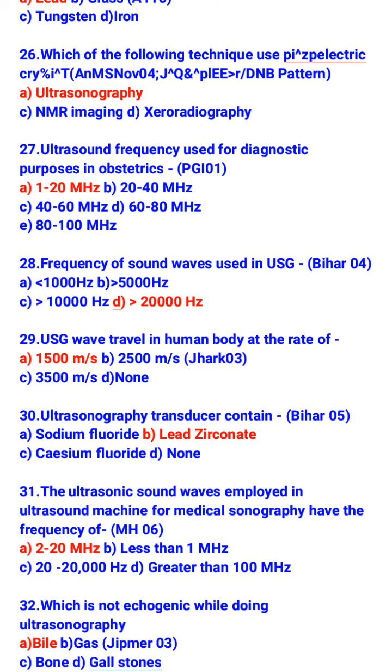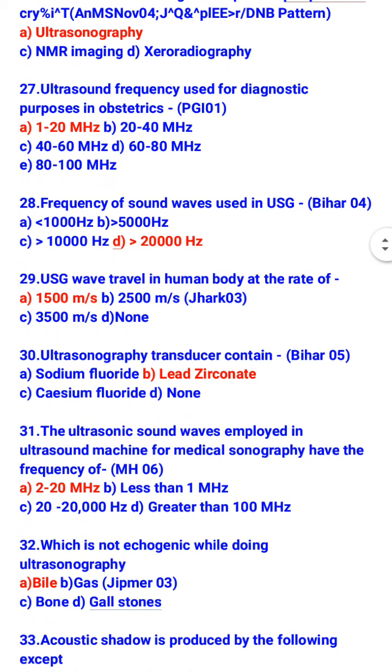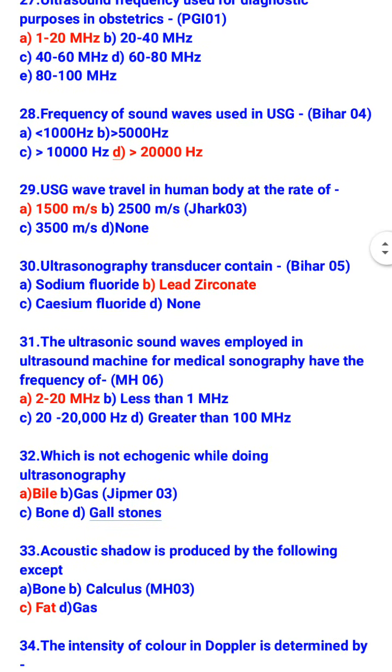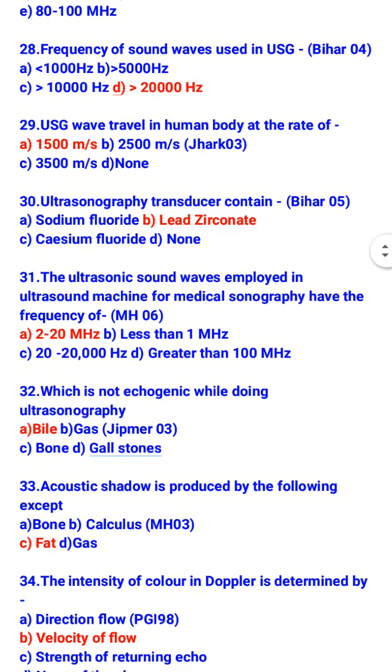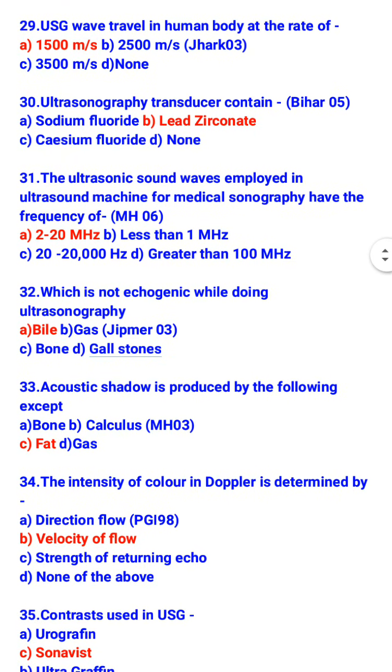USG waves travel in the human body at the rate of 1500 meters per second. An ultrasonography transducer contains lead zirconate. The ultrasonic sound waves employed in ultrasound machines for medical sonography have a frequency of 2 to 20 megahertz. Which is not echogenic while doing ultrasonography?